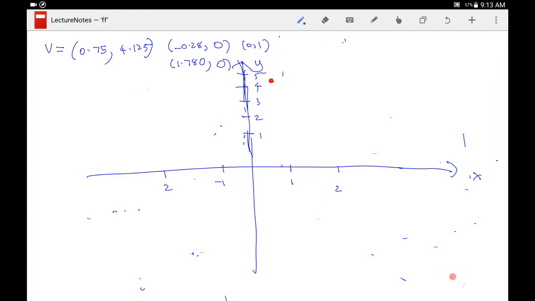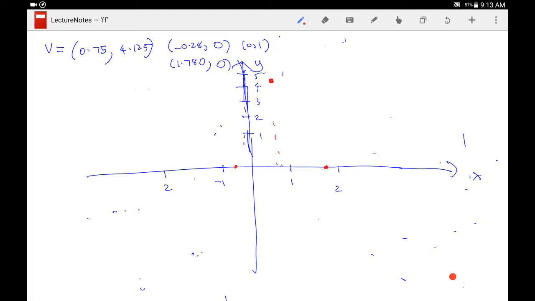Then the x-intercepts, negative 0.28 and 1.780. Negative 0.28 is just left of the origin, and 1.78 is close to 2.